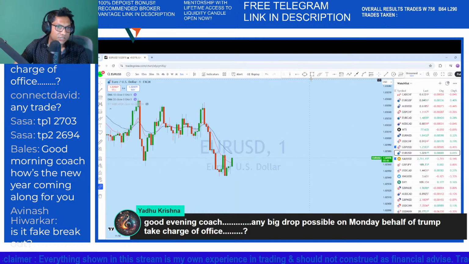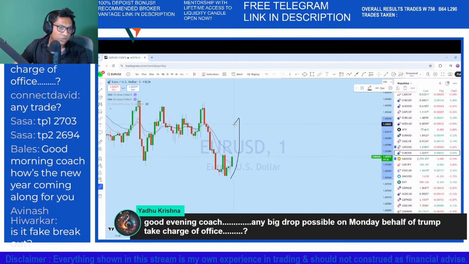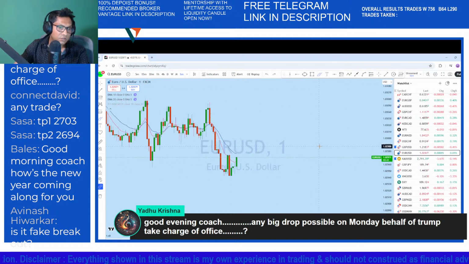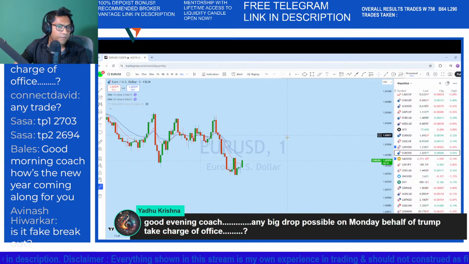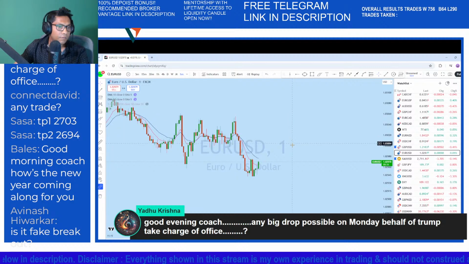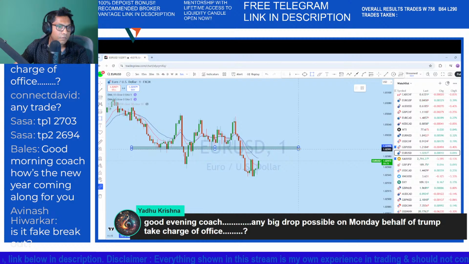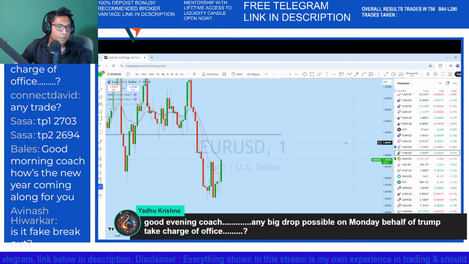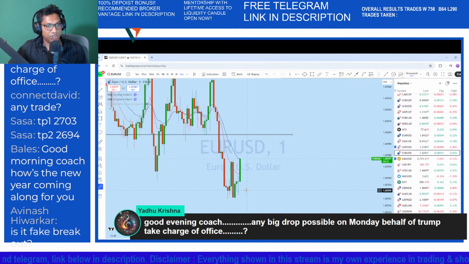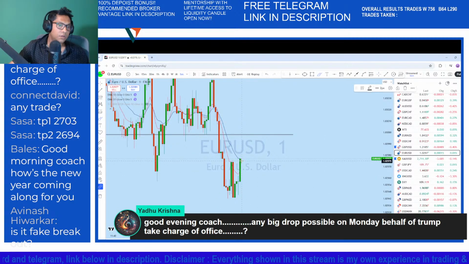Here we can see that there is a doji, and with this doji we can see there is a bounce. And in that bounce we see there is a doji, expecting this market to move up to the previous support, which is turning resistance.